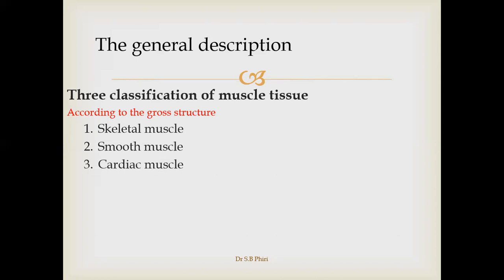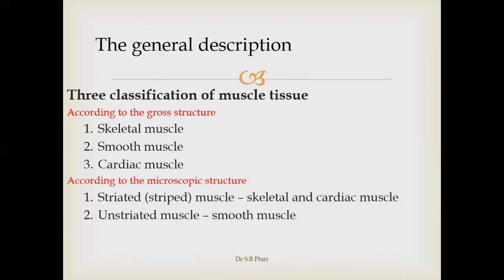Then sometimes you can say, I want a heart. So they will give you heart muscles, and you're able to tell this is a heart. So based on gross structure, you are able to tell the 3 different types of muscles: skeletal muscle, smooth muscle, and cardiac muscle.